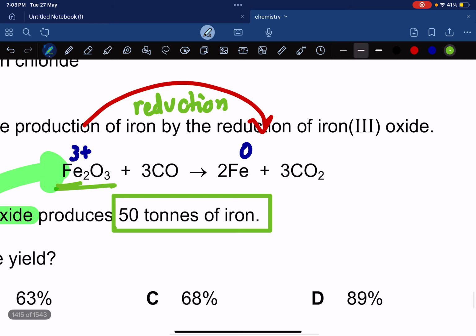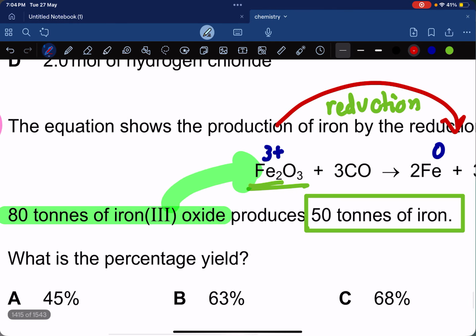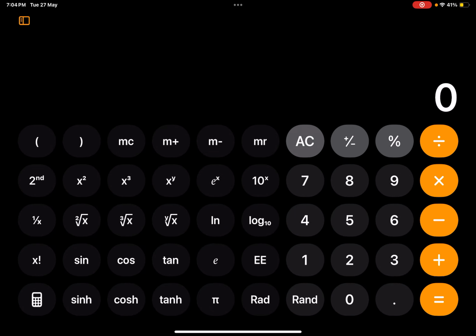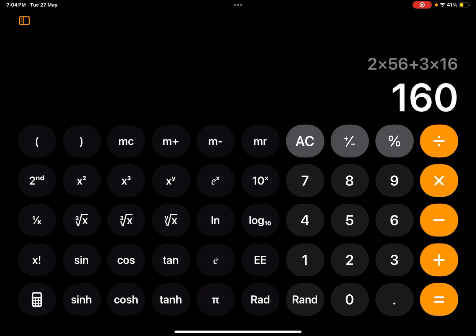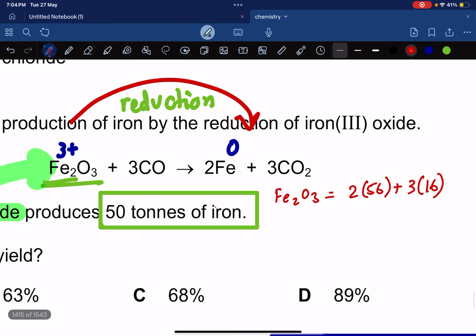2 times iron, which is going to be 2 times 56. For Fe2O3, what's the mass? 2 times iron is 56, plus 3 times 16. So 2 times 56 plus 3 times 16 gives me 160. So I have 1 Fe2O3, the mass is 160.